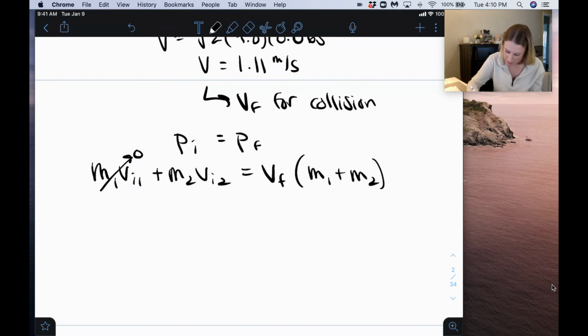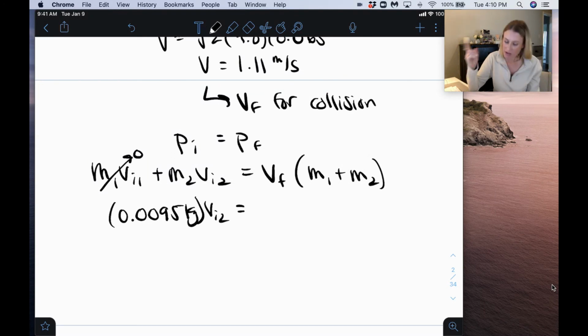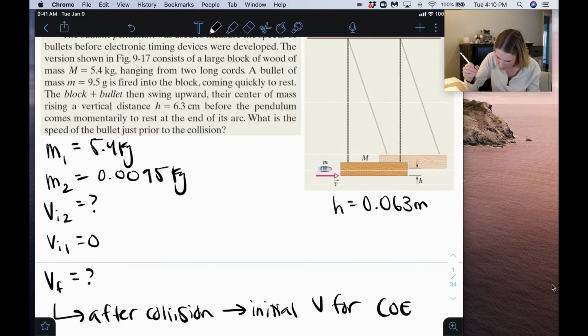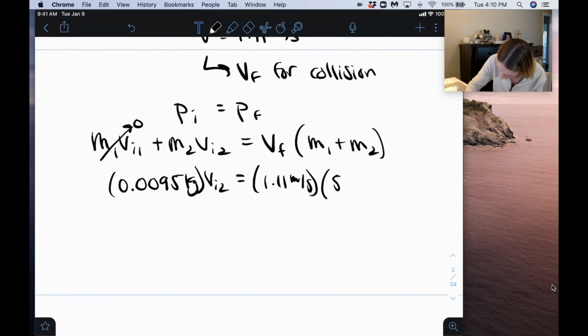M2 is the mass of the bullet, 0.0095 kilograms, times V initial 2 equals the final velocity, which is what we just found, 1.11 meters per second, times the quantity M1, the mass of the block, 5.4 kilograms, plus the mass of the bullet, 0.0095 kilograms.